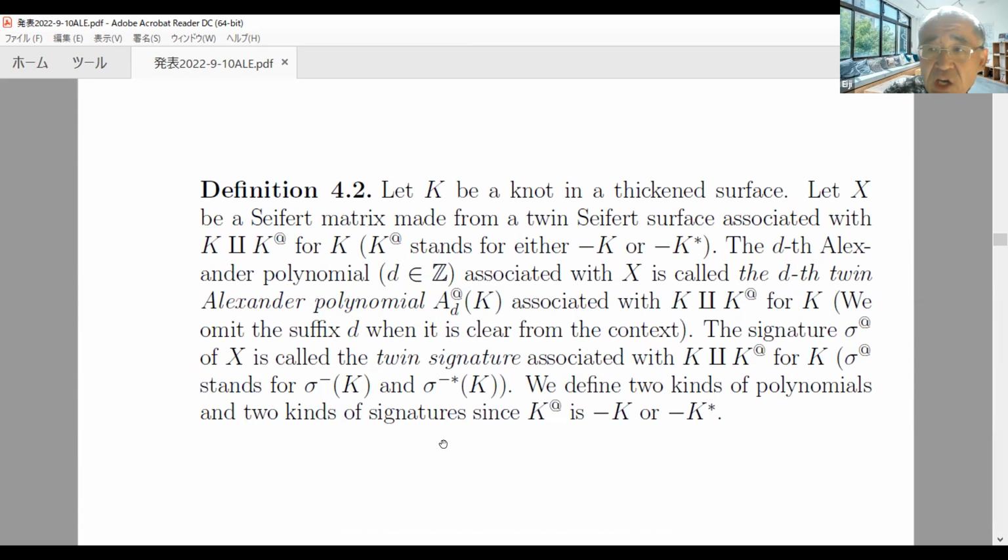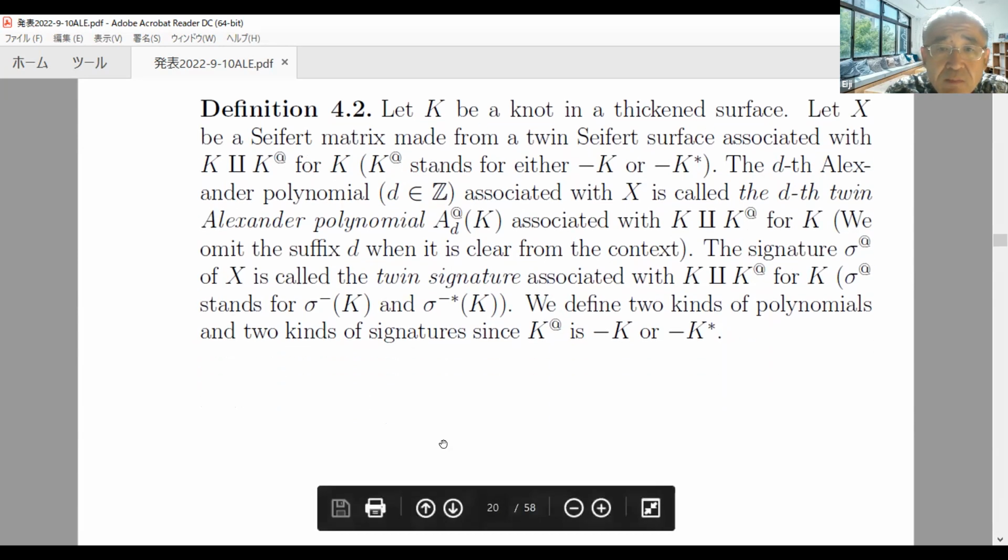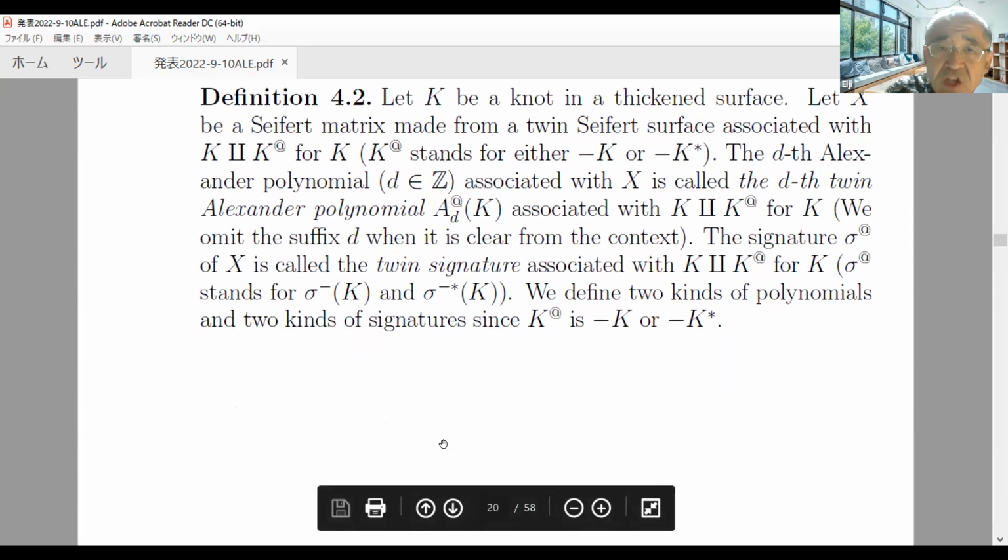So the idea is we put minus K or minus K star, then we can define Seifert surface, and we can define Seifert matrix, and we get a twin Alexander polynomial and twin signature. It is a natural generalization of the classical case.